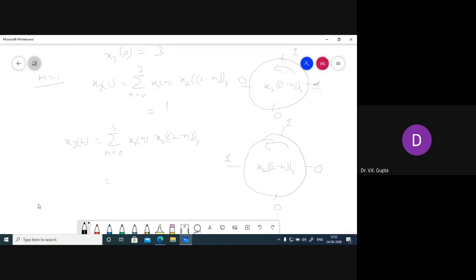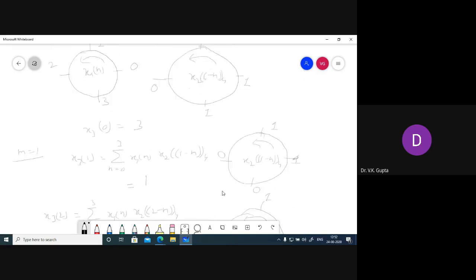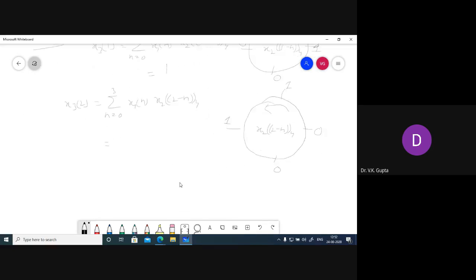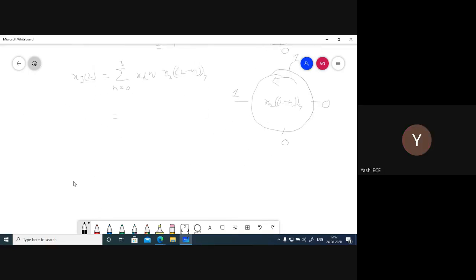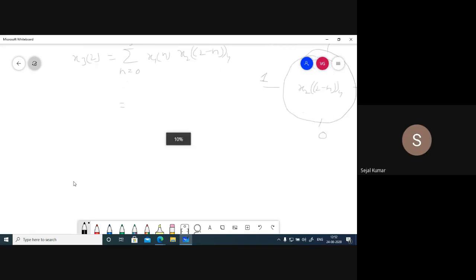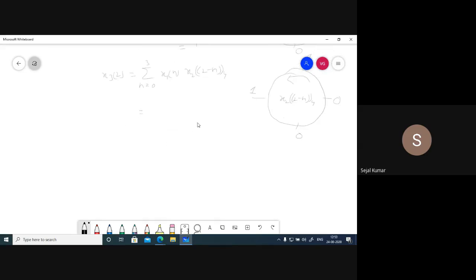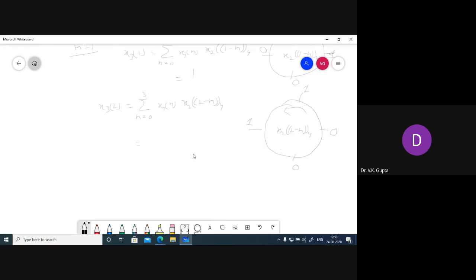So what is the value of x3(2)? This is your x1 in the positive direction 0, 1, 2, 3. So 0 into 0 is 0, 1 into 1 is 1, 2 into 1 is 2, this is 3.